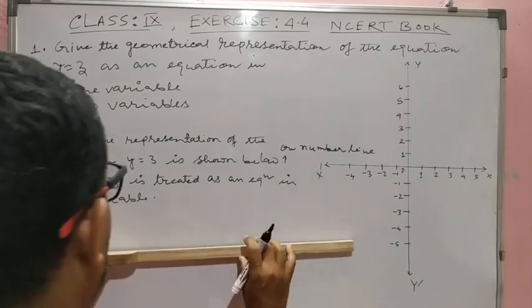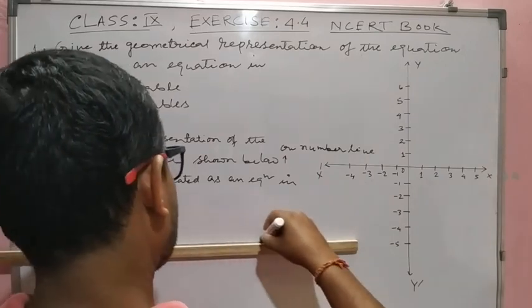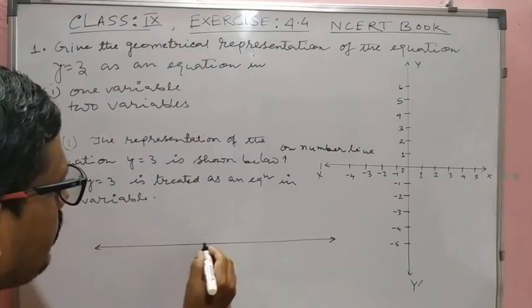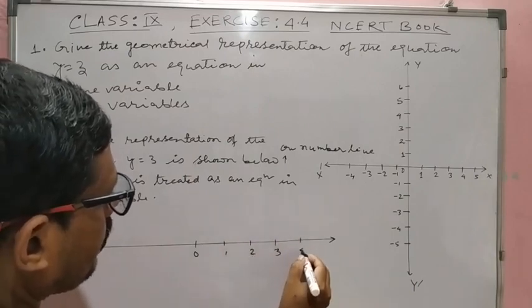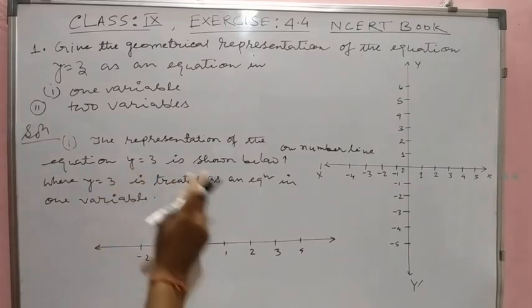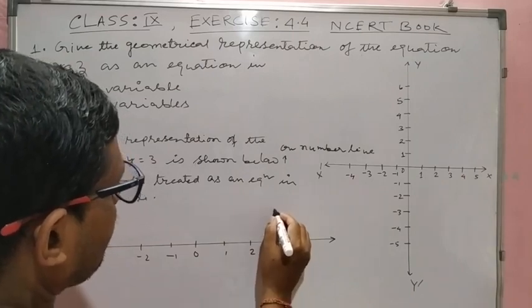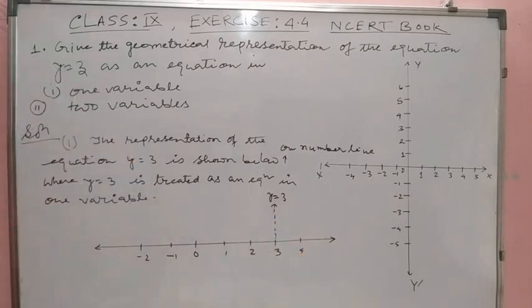Now see, on the number line we get, suppose this is 0, 1, 2, 3, 4, minus 1, minus 2. So y equal to plus 3 will be represented by this. This is y equal to 3 on the number line. So it represents a real number.